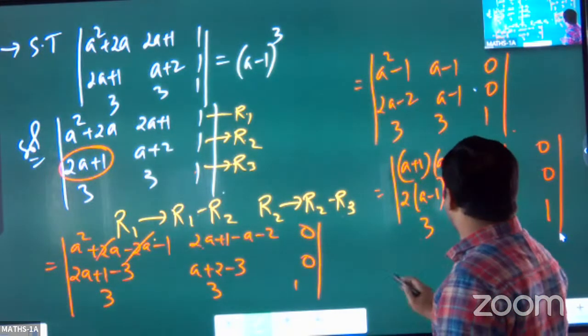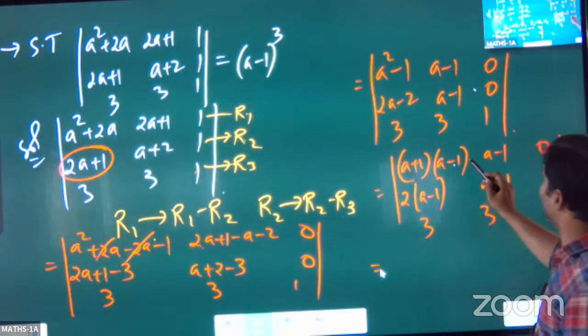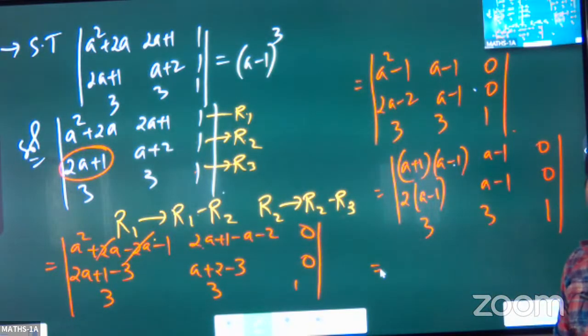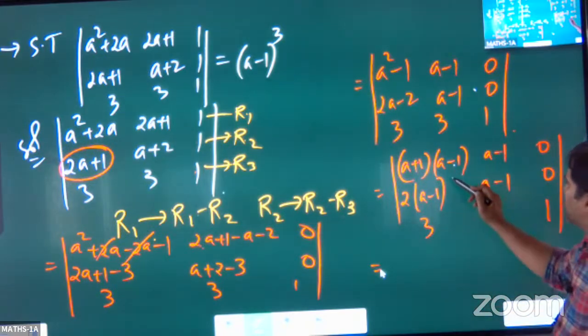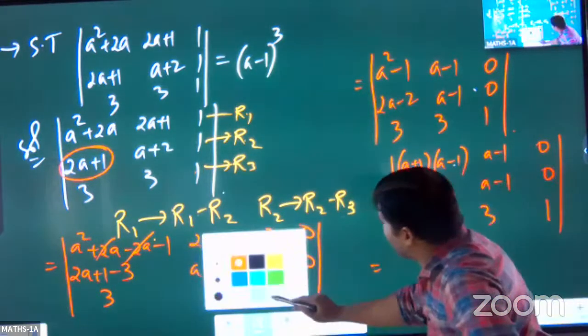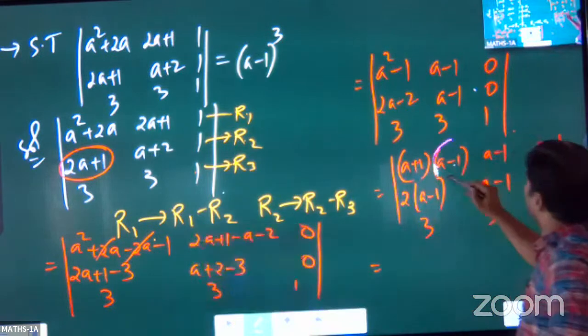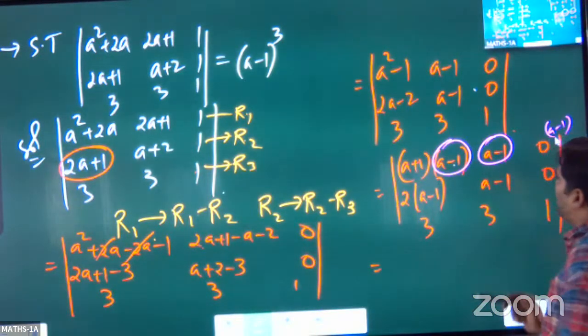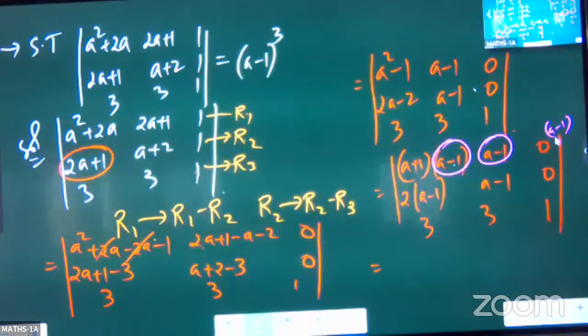Is it clear? Now, in the next step, just now I said, if you find anything common in any row or column, you are going to take it out, right? So here, what I can see as the common part is A minus 1, A minus 1. By default, 0 into A minus 1 will be there anyway.